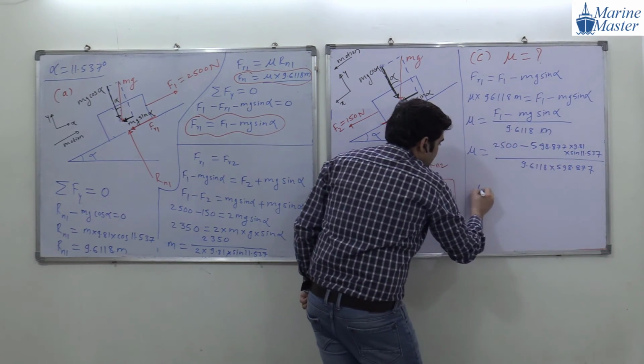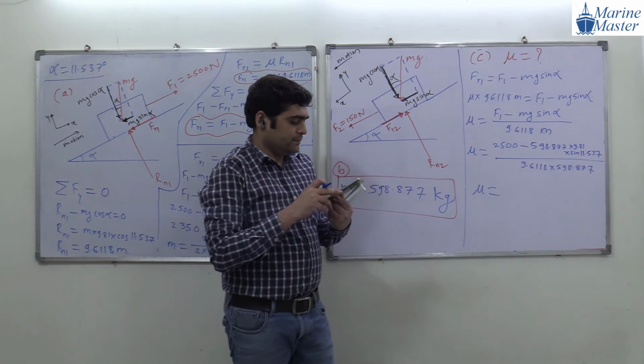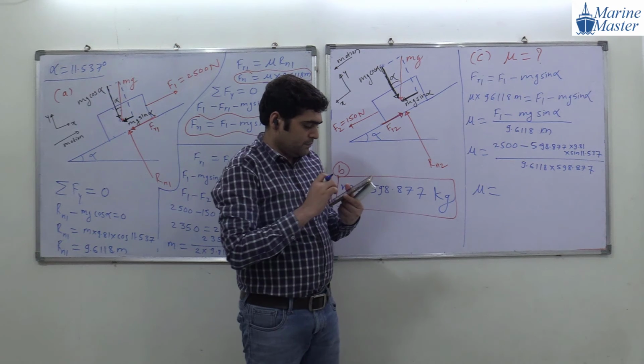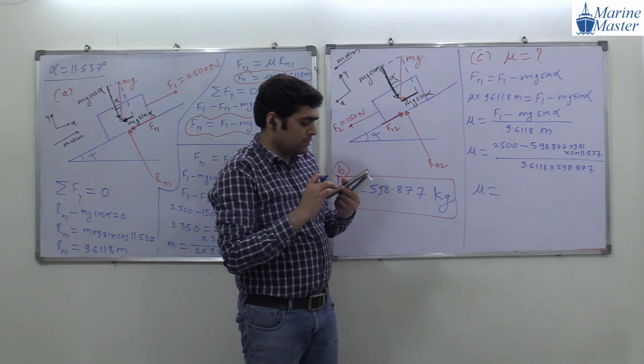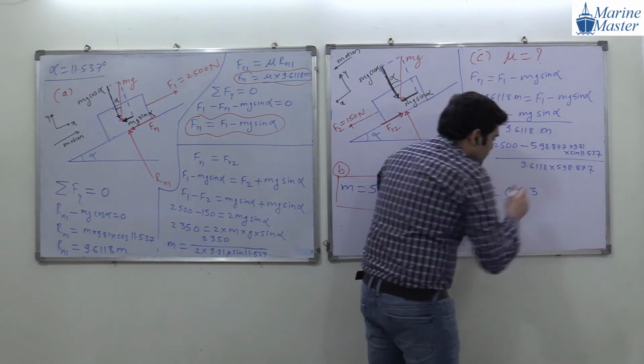Okay, please everyone do the calculation and tell me the value of mu. 0.23. Okay, so we got the value of mu.